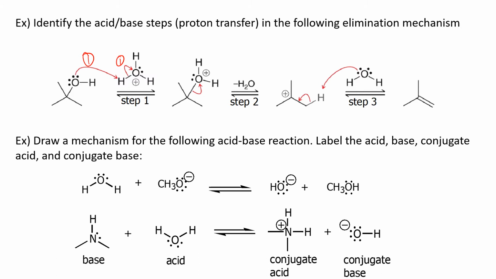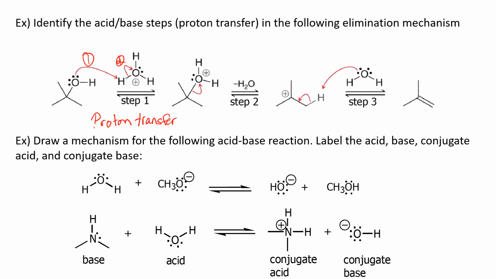So this is our acid-base proton transfer mechanism. So this is a proton transfer. Our second step is not a proton transfer. That's actually called loss of a leaving group, but we'll get to that in chapter 6.